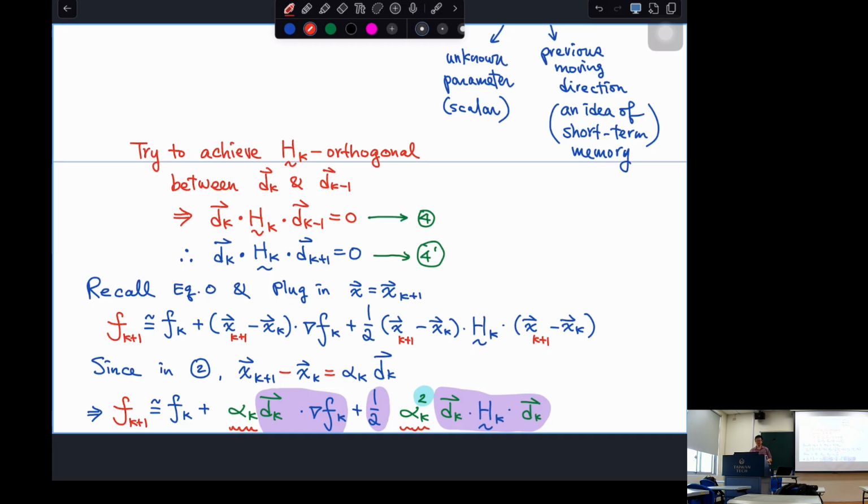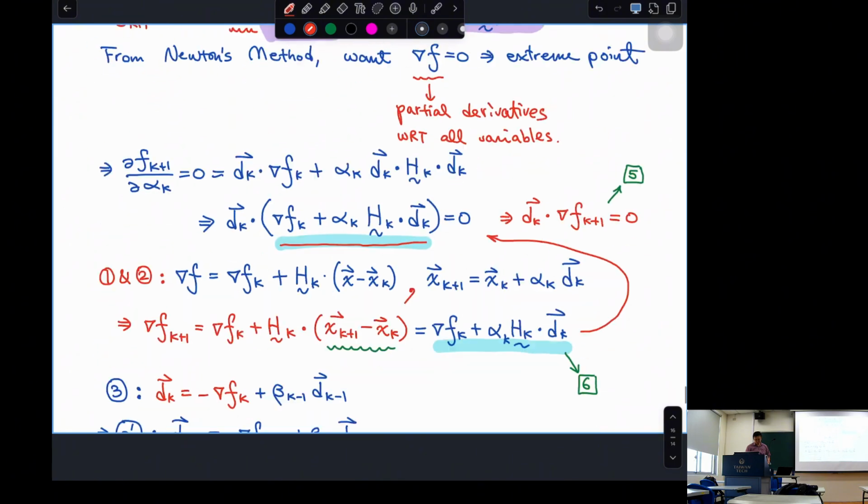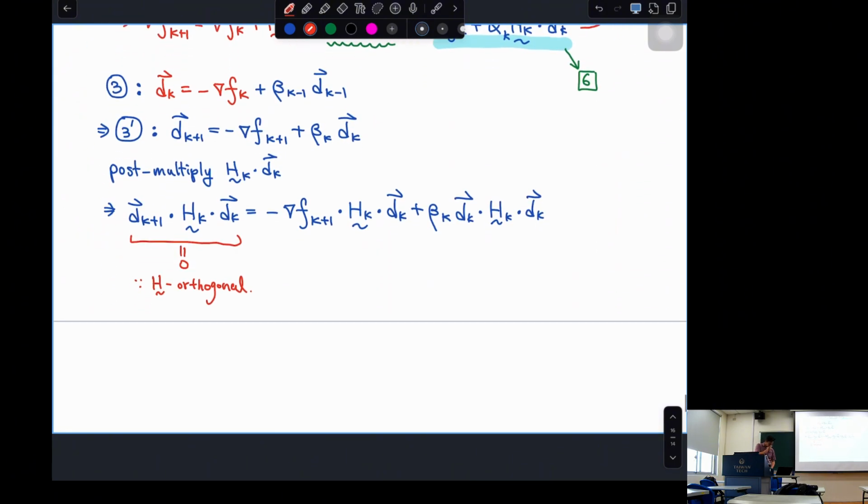Okay, so it's nothing new. Now, from this equation, there's something pretty exciting. What is it? We finally can determine the value of beta k.